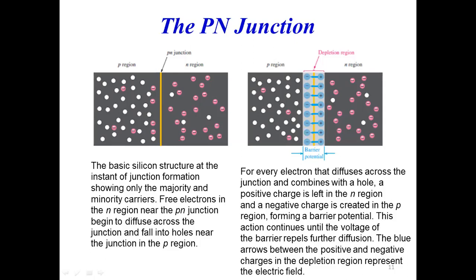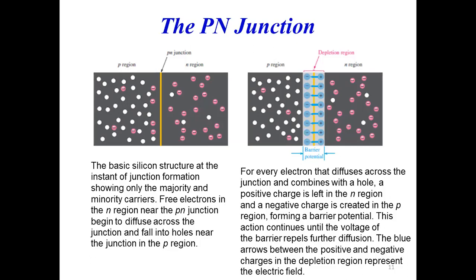Now, as shown in the diagram, in the P region, there is an excess of holes, whereas in the N region, there is an excess of electrons. Or we can say here, electrons are the majority carriers, whereas here, the holes are the majority carriers.